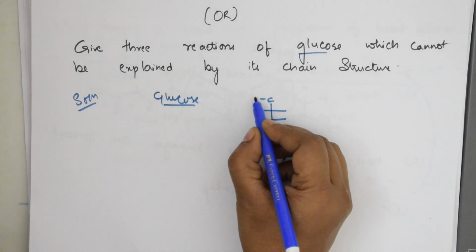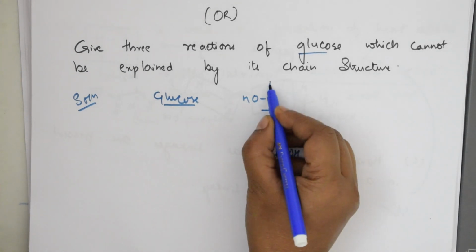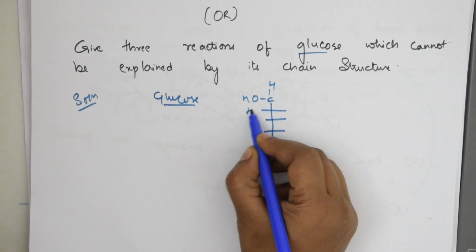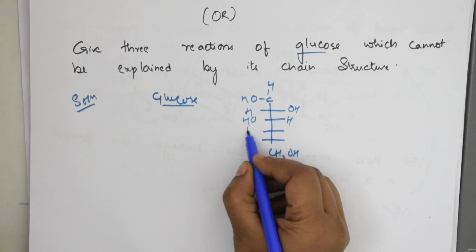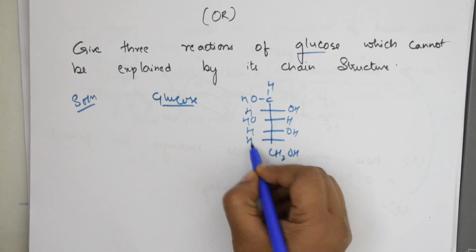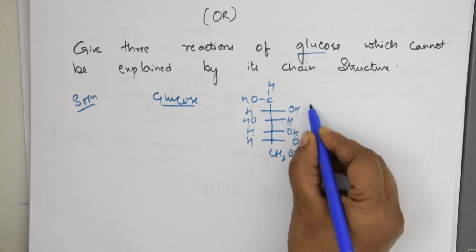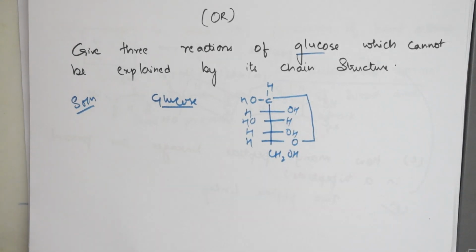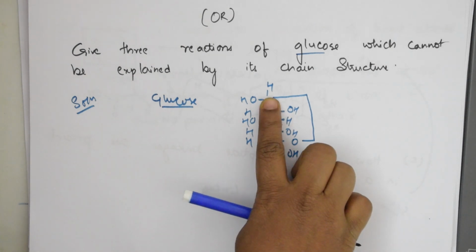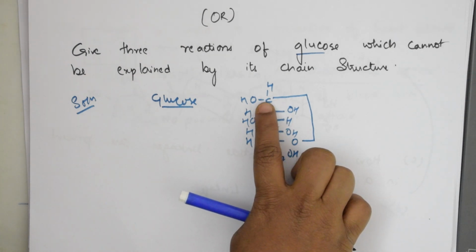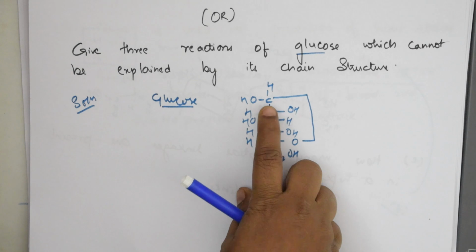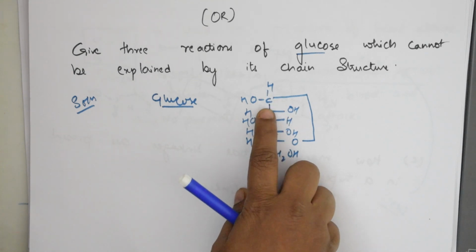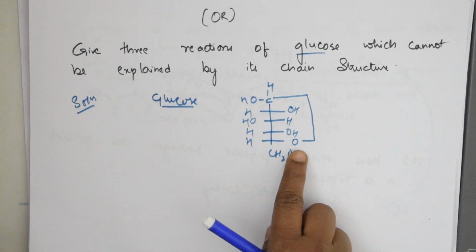HOH, next OH and H, next HOH, and this is H, and the oxygen here is linked to the first carbon, and the oxygen is linked to the fifth carbon.